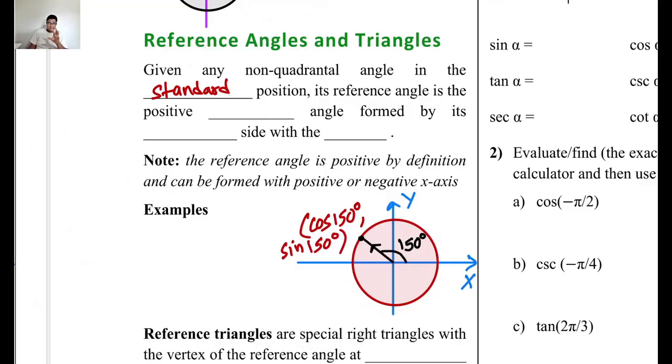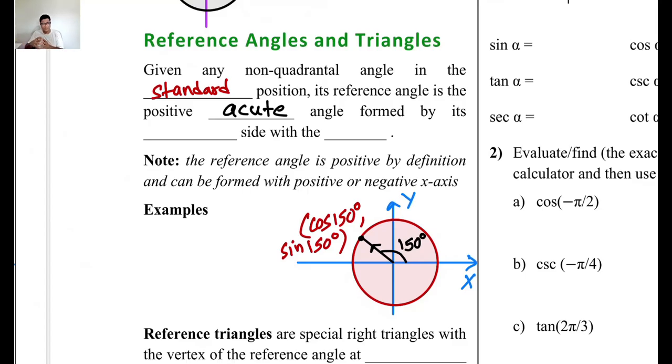For such an angle, you can define a reference angle which will be used to evaluate the value of the trigonometric functions at those angles, at 150 degree. Okay. What is it? Its reference angle is the positive acute angle, so a positive angle less than 90 degree.